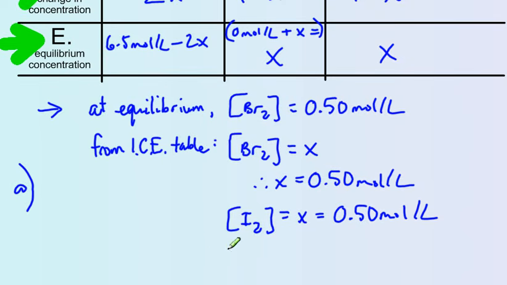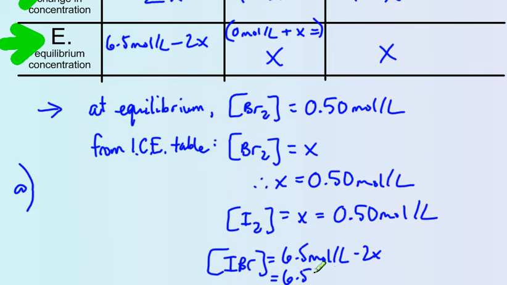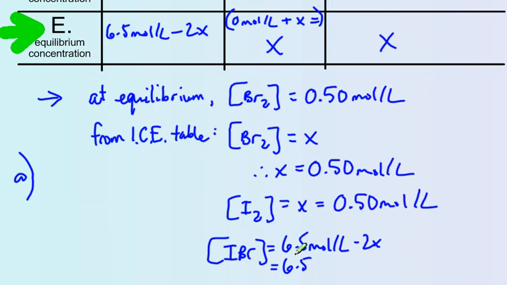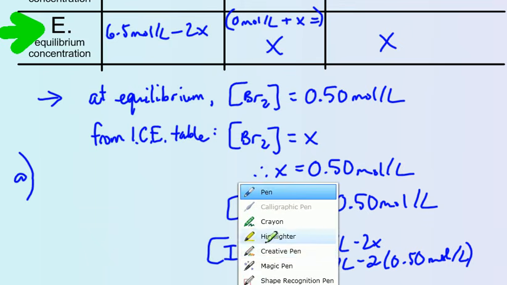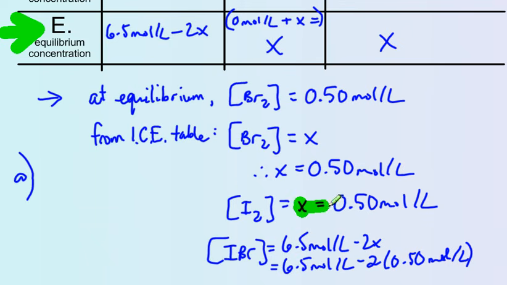And finally, the concentration of IBr is equal to 6.5 moles per liter minus 2x, so 6.5 moles per liter minus 2 times 0.50 moles per liter. And just to be clear, since x is equal to 0.50 moles per liter, I'm just subbing in that value here.